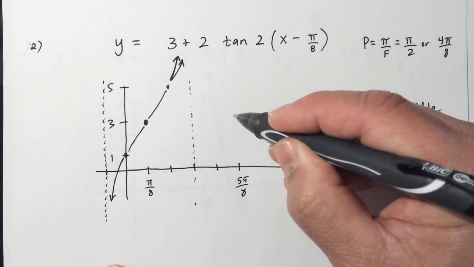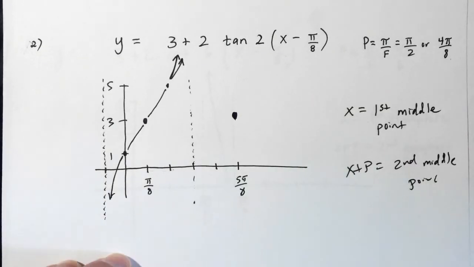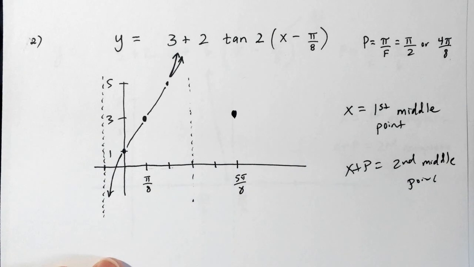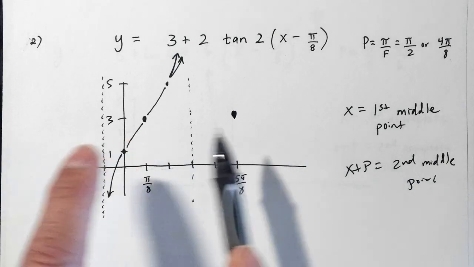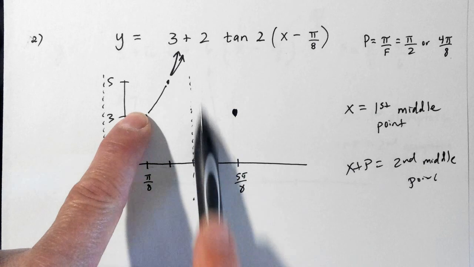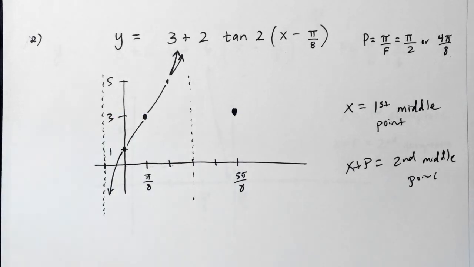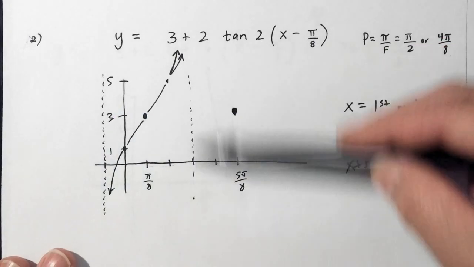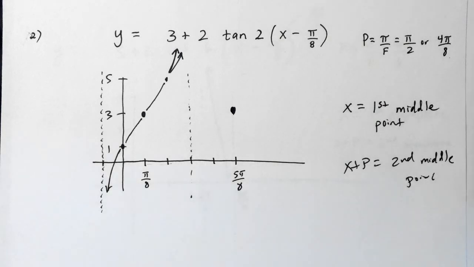So if you were trying to draw 2 cycles, there you go. And then mathematically, obviously, if you know this is the middle, then you could easily, with your eyeballs, figure out where the period is, or sorry, where the asymptote is. Sorry. Okay. Have fun. I don't know how many problems there are.